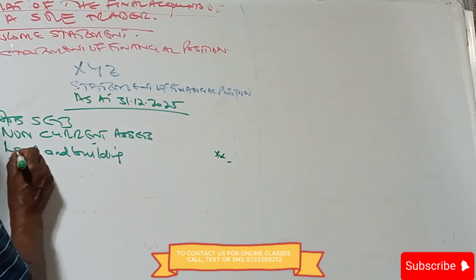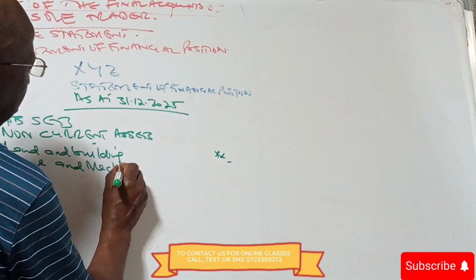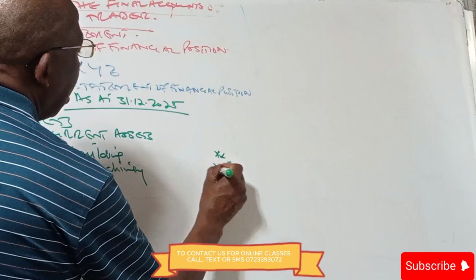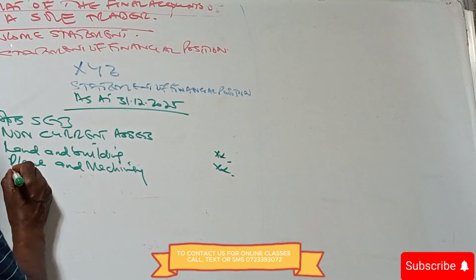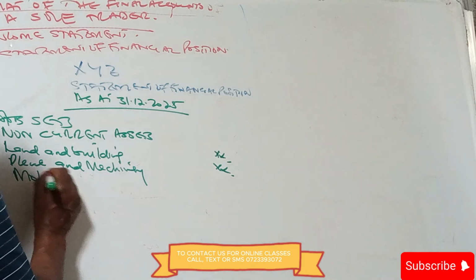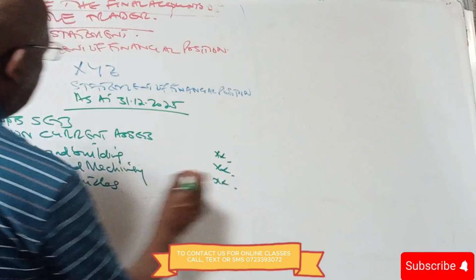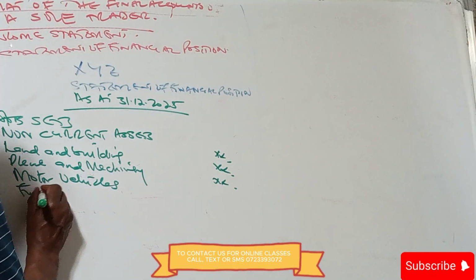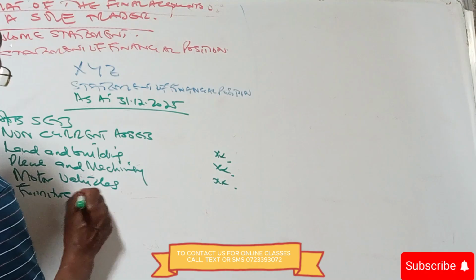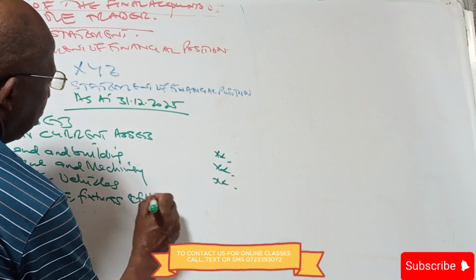Then we talk about plant and machinery. Then we talk about motor vehicles. Then we talk about furniture, fixtures, and fittings.